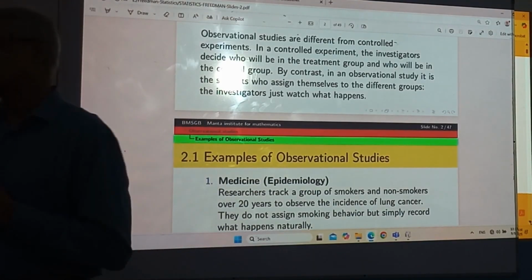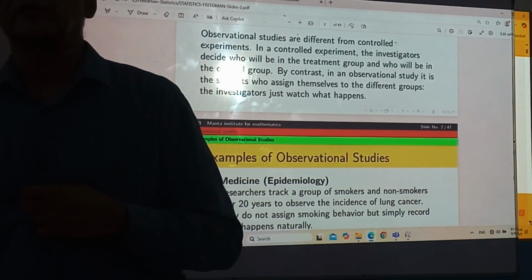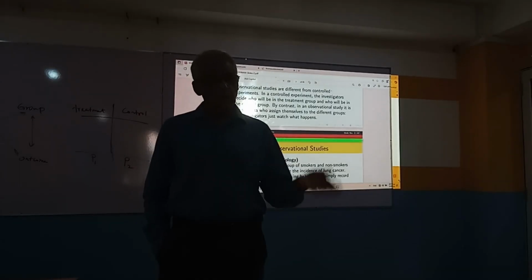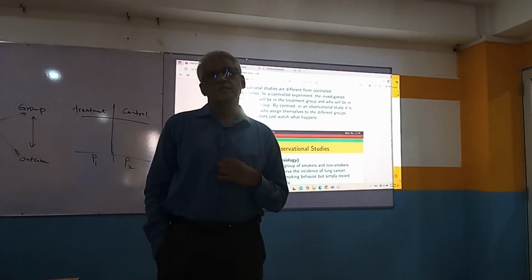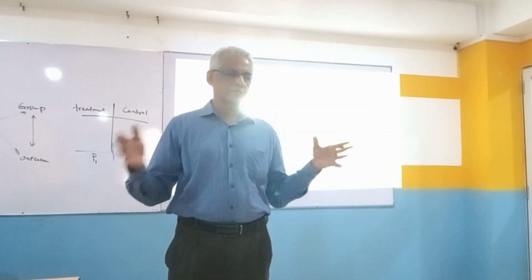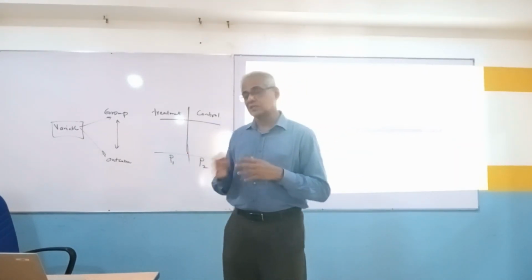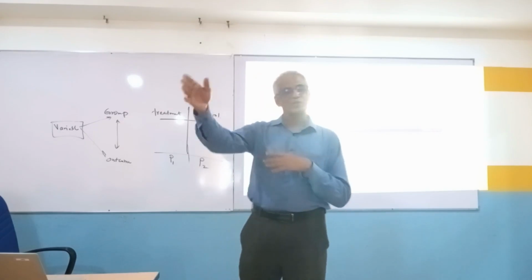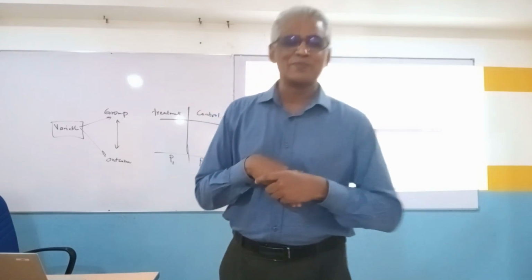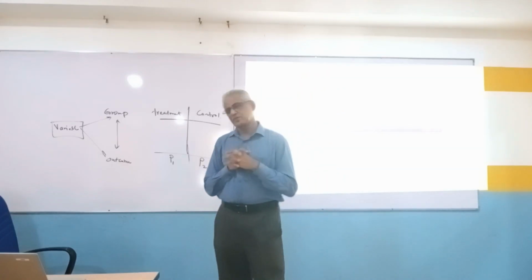For example, suppose you want to find out whether there is an association between smoking and lung cancer. We cannot divide people into two groups and ask one group to smoke and the other not to smoke, and follow them up for a long time to see what proportion of people got lung cancer. That's not possible at all.